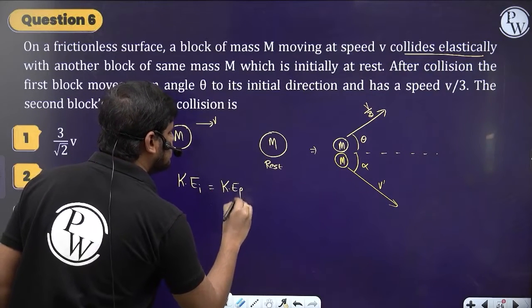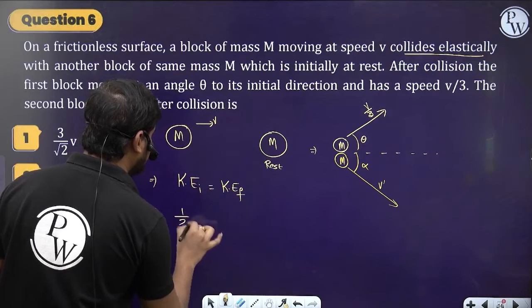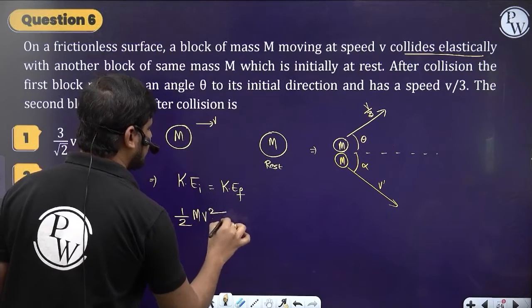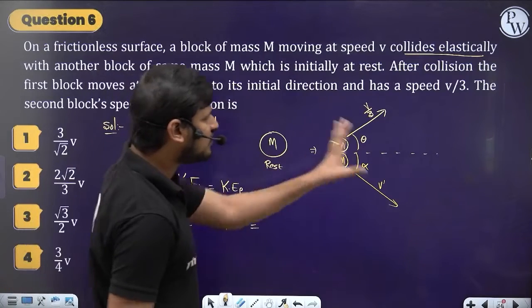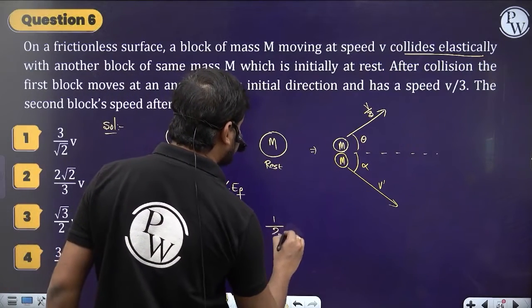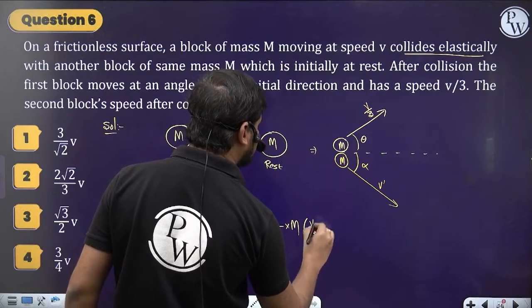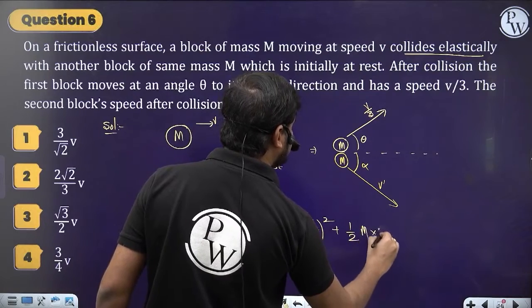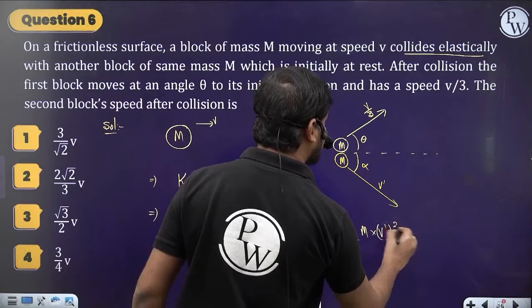The initial kinetic energy is half into mass M into velocity v square, and the second block initially is at rest. After collision, the first block is moving with velocity v by 3, whole square, and the second mass is moving at velocity v dash, so v dash square. Now we need v dash.